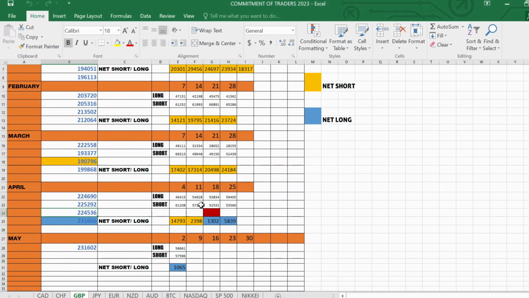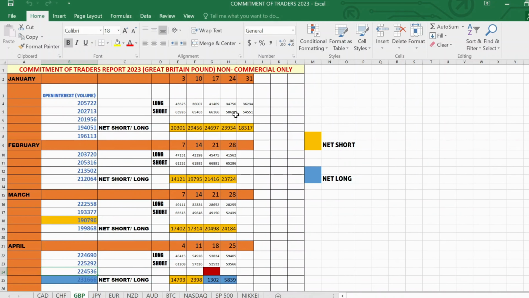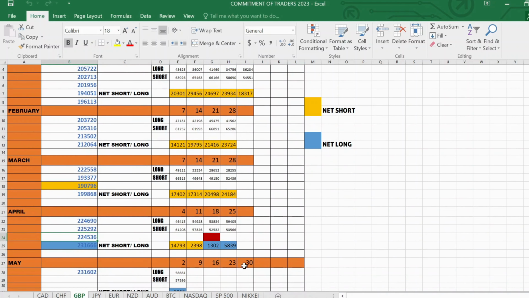So the figures inside here are not so important. What is important is the total figure here. And anytime you see a yellow color, that shows that it was a net negative or net short. The blue color is a net positive or net long.